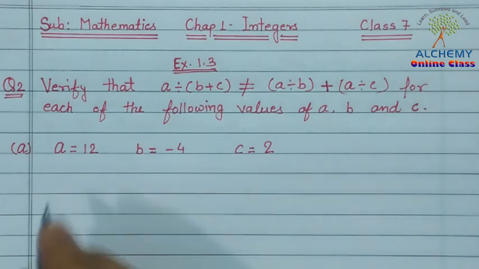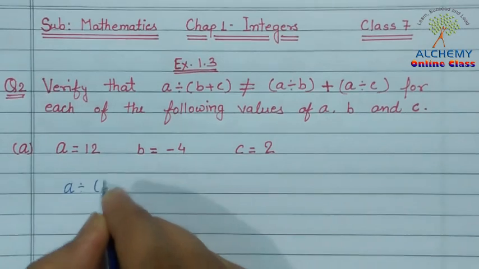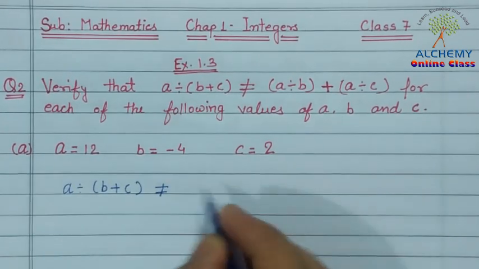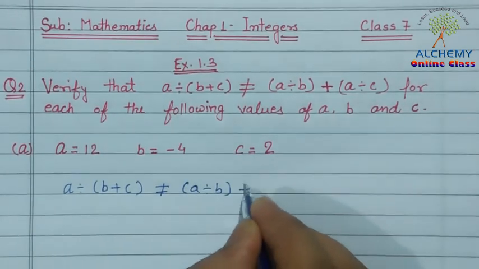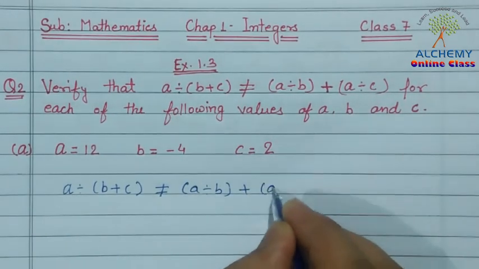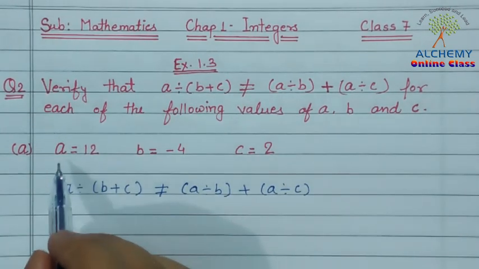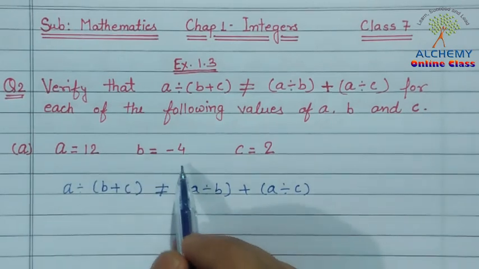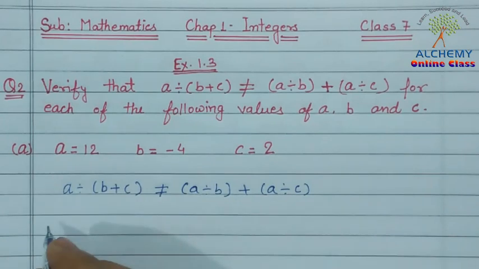So let's write the question first. a divided by (b plus c) is not equal to a divided by b plus a divided by c. In the first question the values are given: a is equal to 12, b is equal to -4 and c is equal to 2. So let's write the left hand side first.